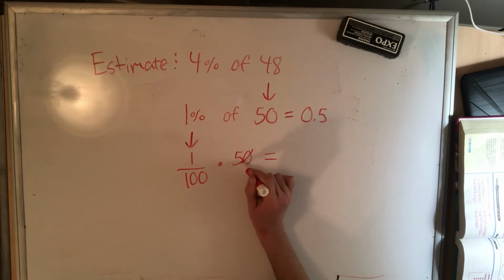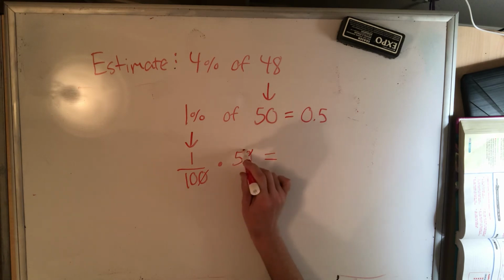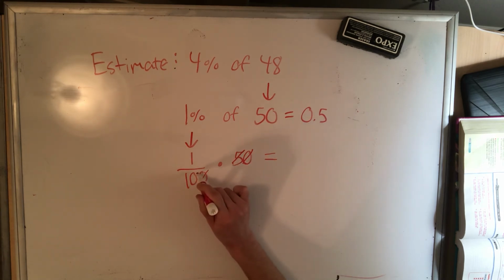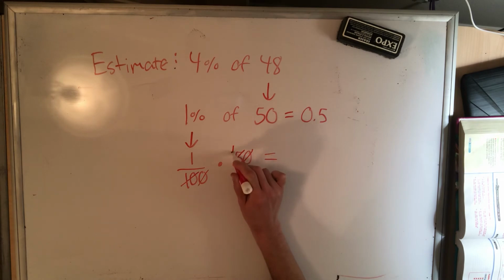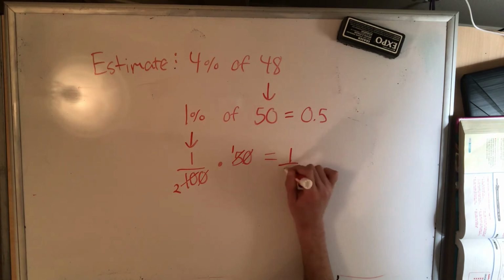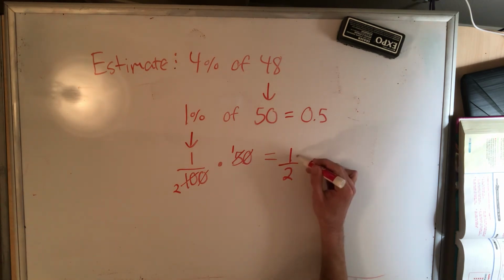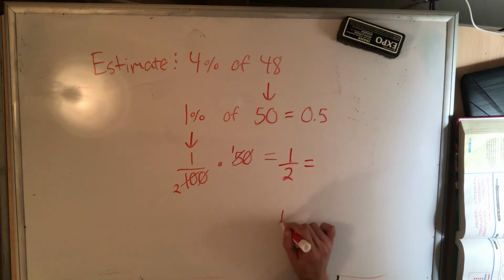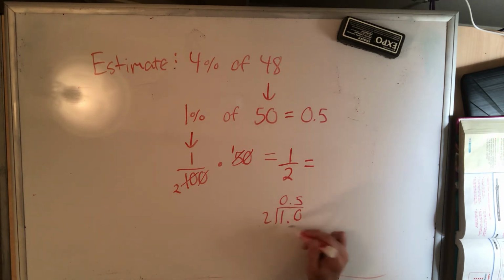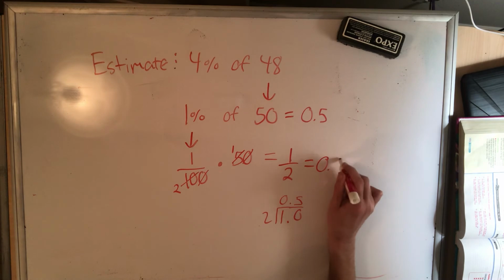You can cancel out 1 zero on top with 1 zero on the bottom, since we're multiplying. And 5 on top can be canceled with 10 on the bottom if you divide each by 5 to get 1 and 2. 1 times 1 is 1, so that's 1/2. And 1 divided by 2, if you work that out, 2 goes into 1 0 times. 2 goes into 10 exactly 5 times, with no digits left to bring down, so we can stop there. So it's 0.5. Or just think 1/2 times 5 over 5 is 5/10, and 5 in the tenths place is 0.5.